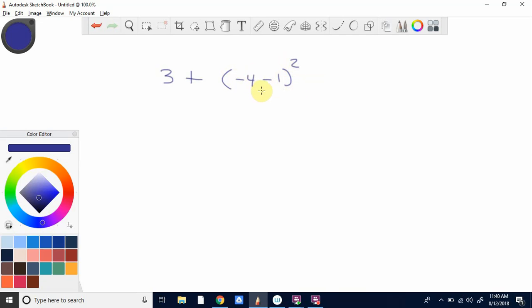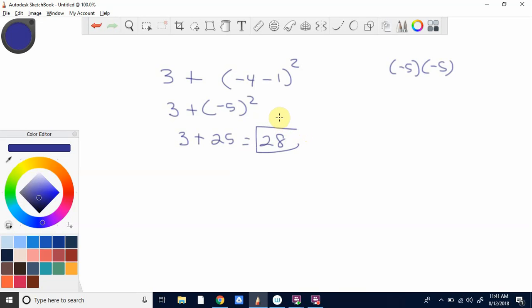This is an expression. So I do parentheses first, so 3 plus, that is going to be (-5) squared. Remember, that's -5 times -5, negative times negative is a positive, so it stays positive 25, and then we get 28.